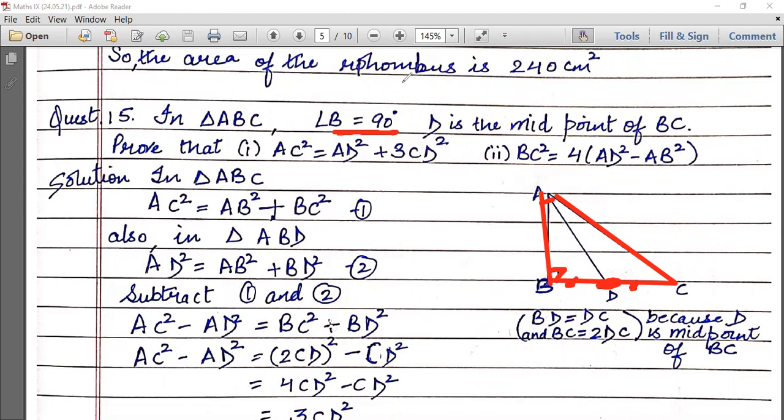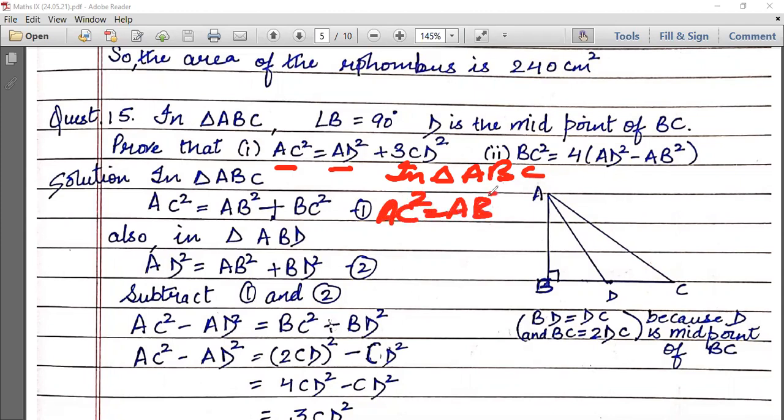Now children, what you will do: first, because we need AC and AD, let's take the bigger triangle first. In triangle ABC, angle B is 90 degrees, so you can use the Pythagoras theorem. That is AC square is equal to AB square plus BC square. Similarly, you can take the smaller triangle, triangle ABD.